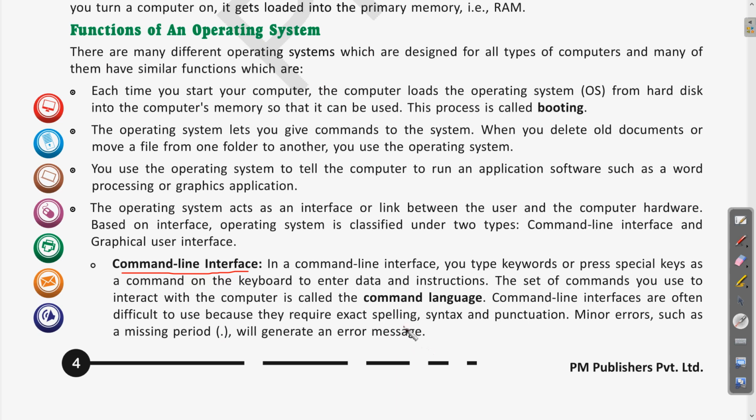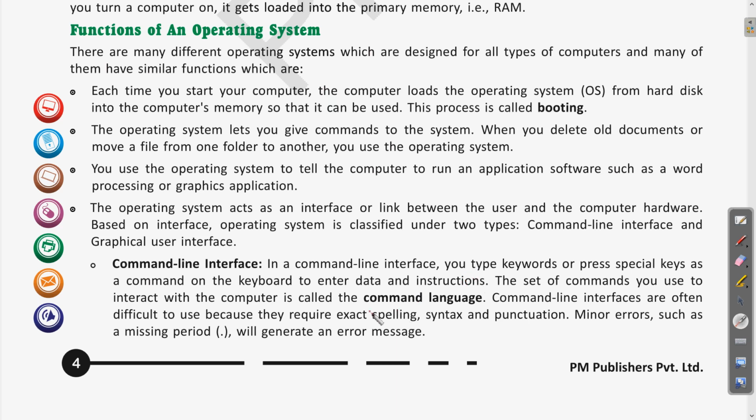What does it mean? Actually, we have seen that there are two interfaces, that is graphical user interface and command line interface. In the command line interface, whatever command you give, it is given in the form of commands. We don't have any interface where we can click.